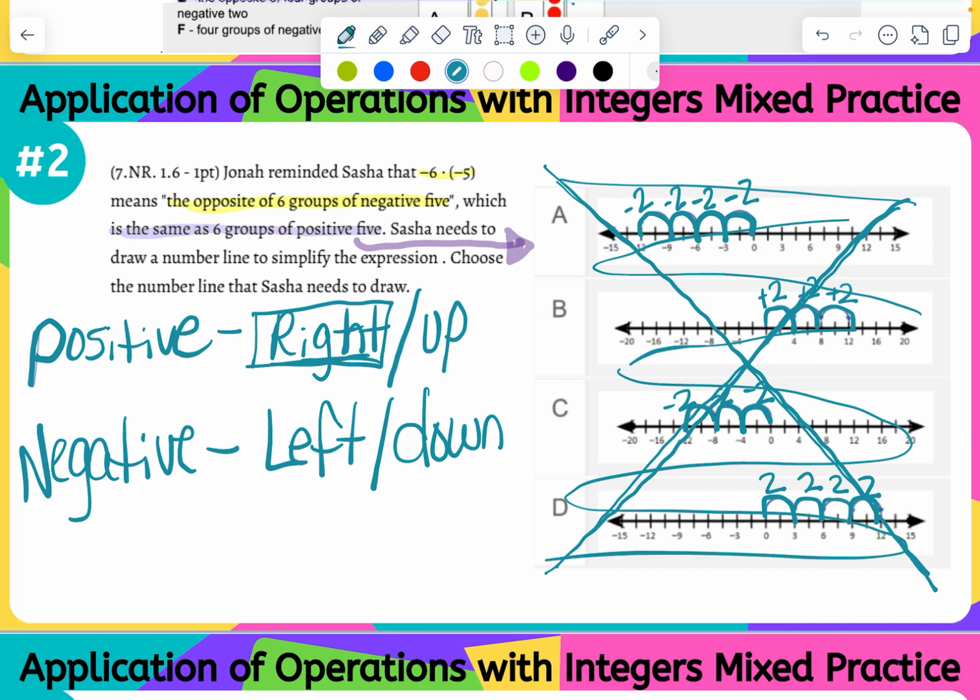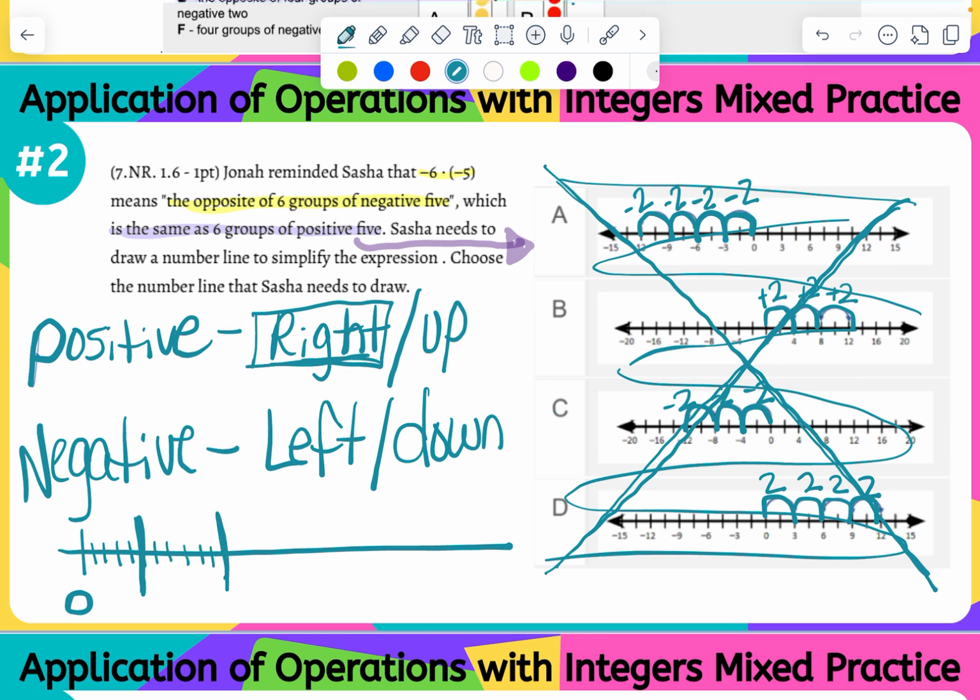And let's draw one that does. Here we go. We need 6 groups of positive 5. I don't even know if I can get in all those on here. 0. 1, 2, 3, 4, 5. There's 1. 1, 2, 3, 4, 5.